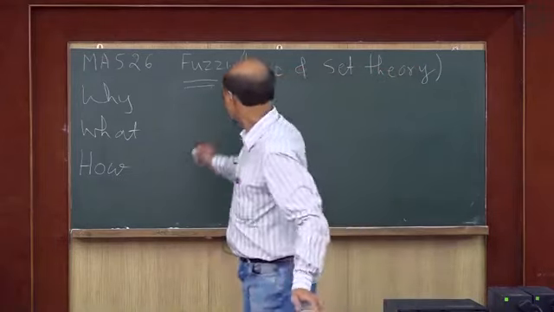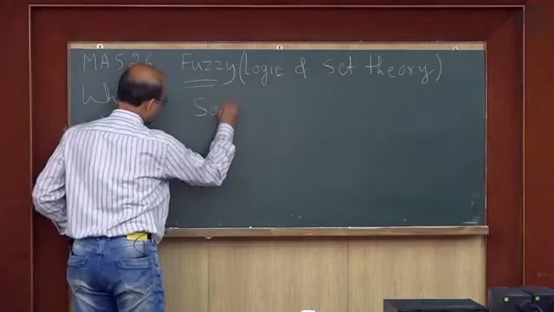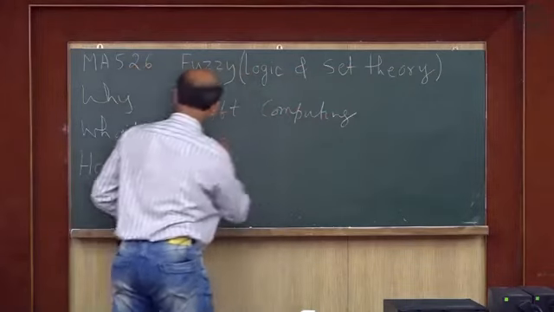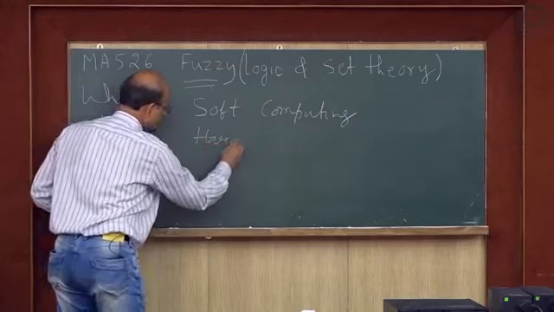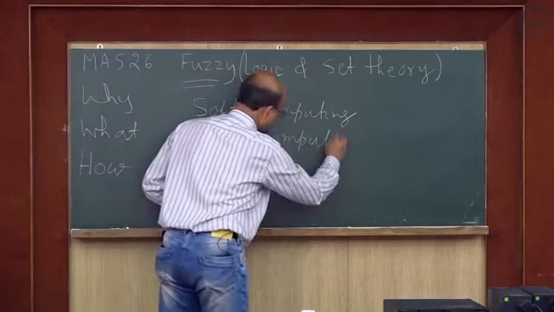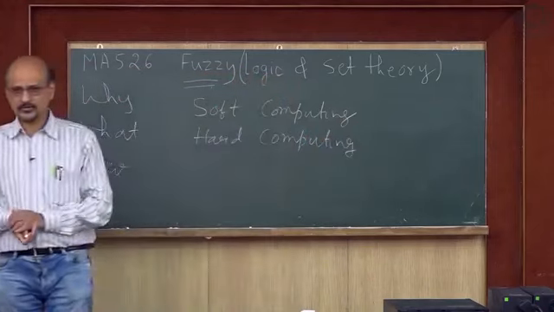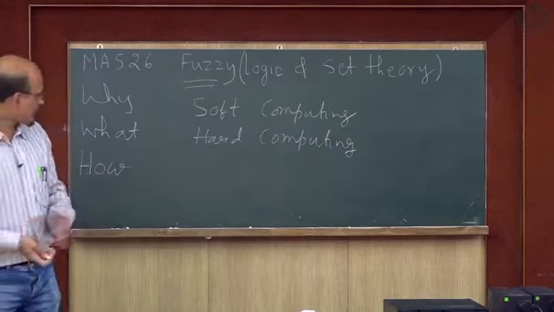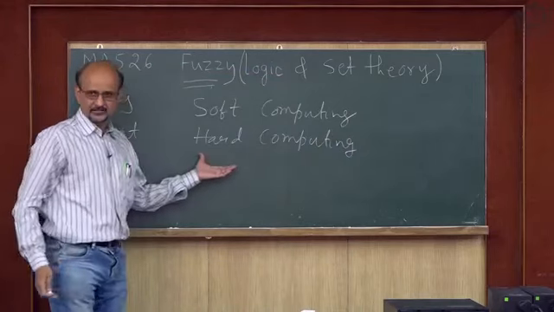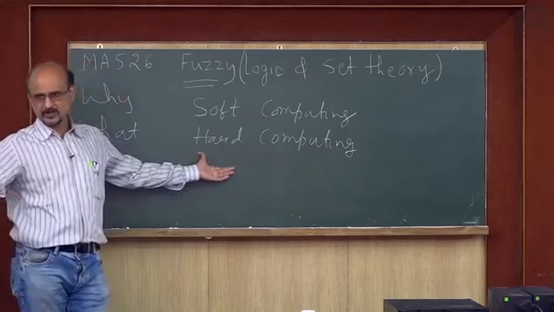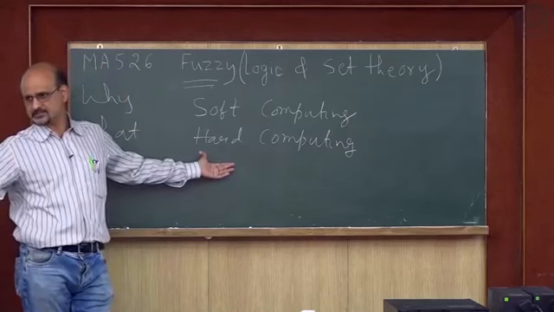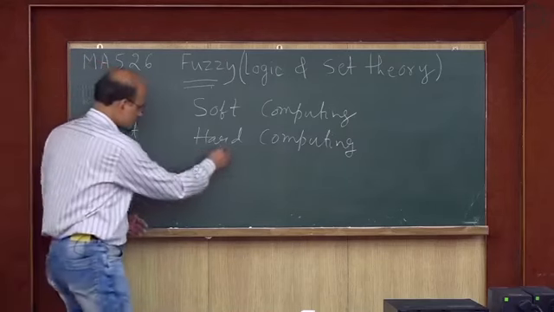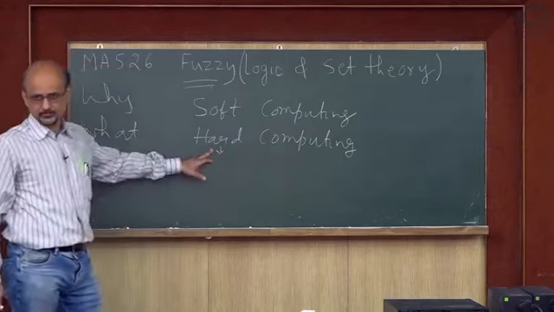So what is then soft computing? We have hard computing also, that you know. What is the difference between them? Hard computing and soft computing. So I hope that you have done labs and so on using C, MATLAB or C++, BASIC, etc. Those are actually called hard computing.